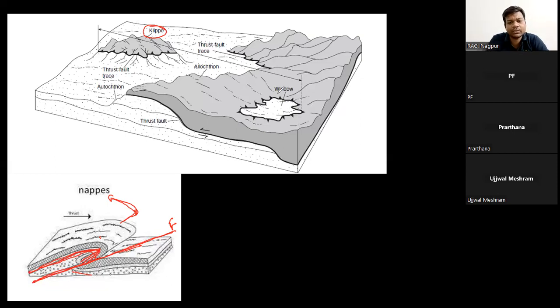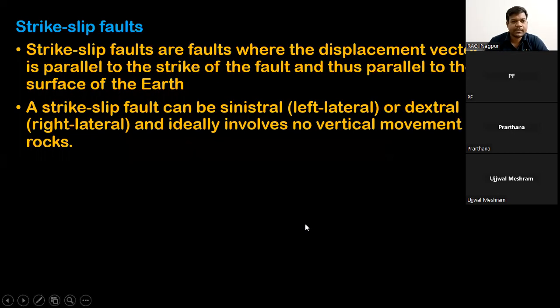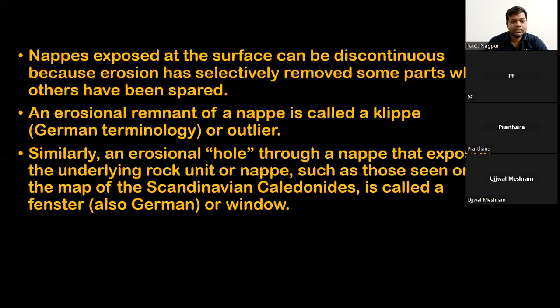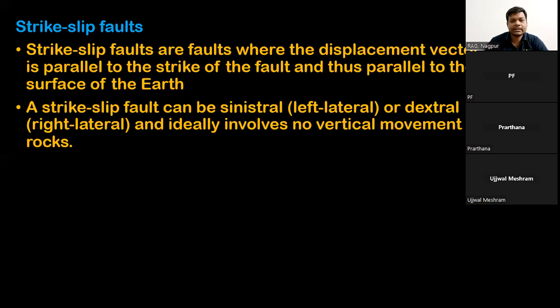If continued erosion occurs, it will form a window, which will expose the rocks present inside that zone, inside that formation, inside the fault basically. Got this? So this is about the thrust faults.